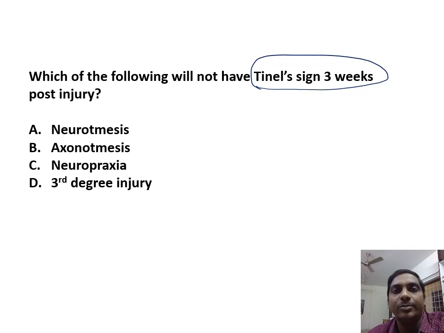So Tinel sign is a positive sign wherein we tap along the course of nerve from distal to proximal. When there is pins and needle sensation along the course of the nerve, that means the nerve shows some recovery. So neurotmesis is complete disruption of the nerve. This will not have a Tinel sign, whereas axonotmesis, neuropraxia, third degree injuries, all these will have Tinel sign.